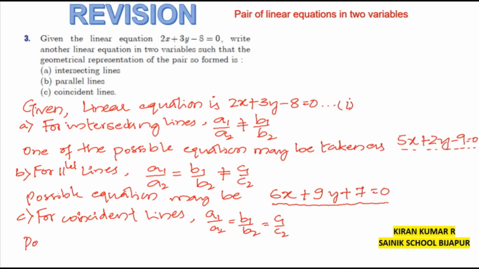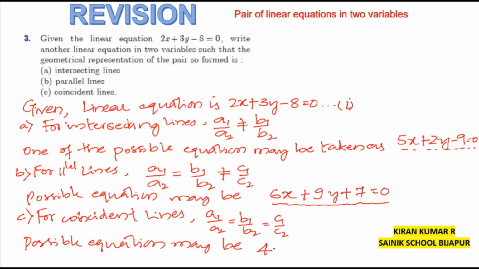So possible equation may be, this time I have to take the coefficient and a constant such that all the three ratios must be equal.